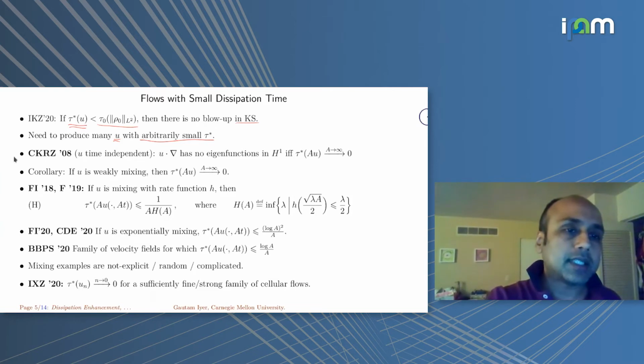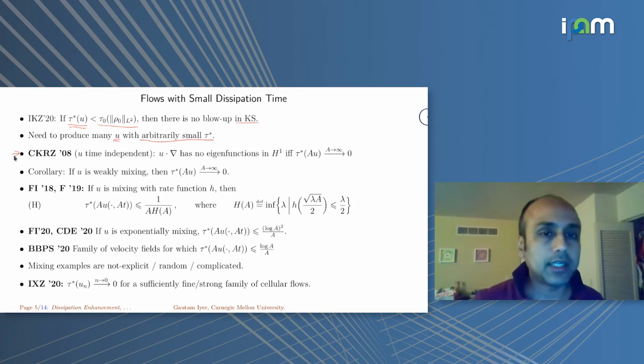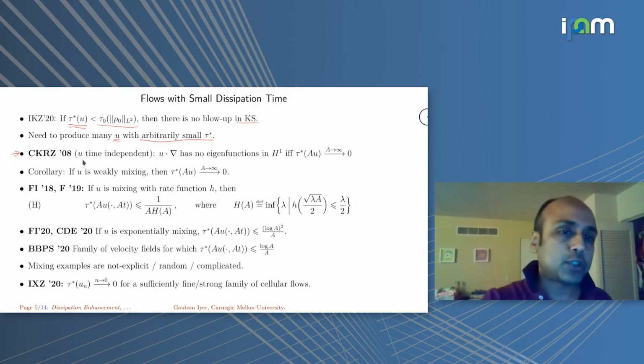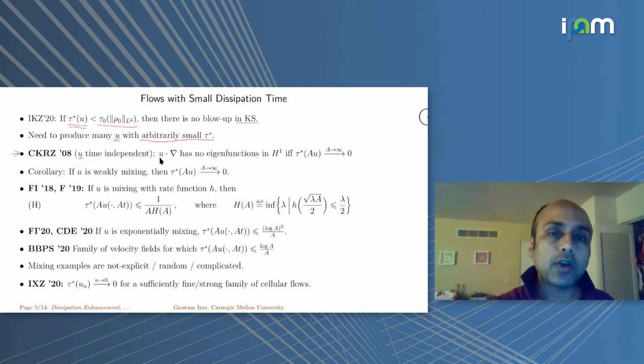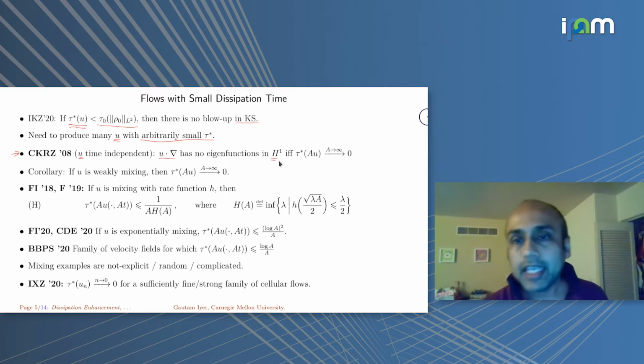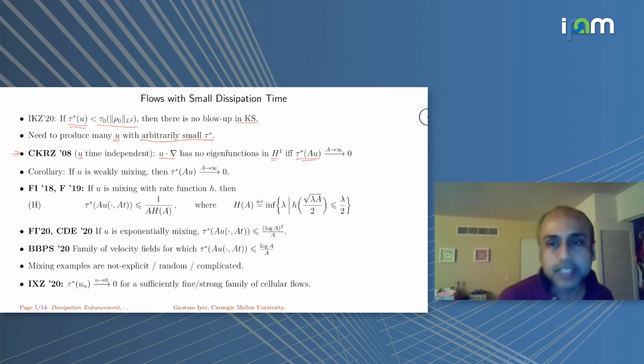Well, there's this paper that was already mentioned this morning of Constantin, Kiselev, Ryzhik, and Zlatoš in 2008, which when u is time independent, gives a nice characterization. They say u dot grad has no eigenfunctions in H1 if and only if the dissipation time of Au converges to 0 as A goes to infinity.